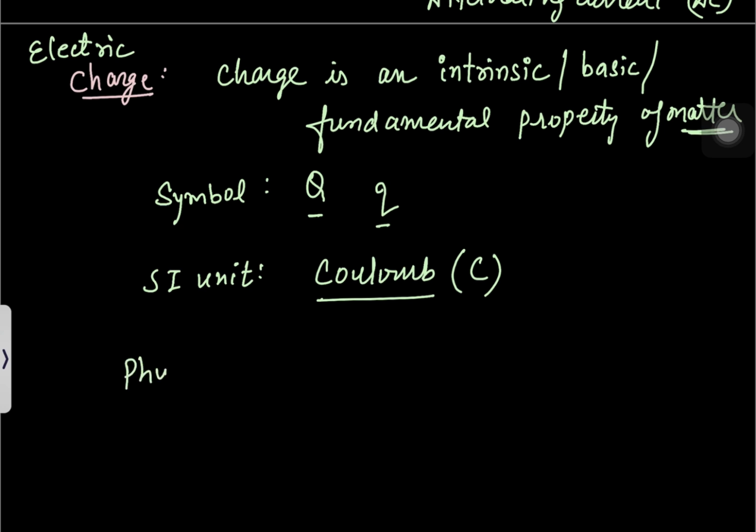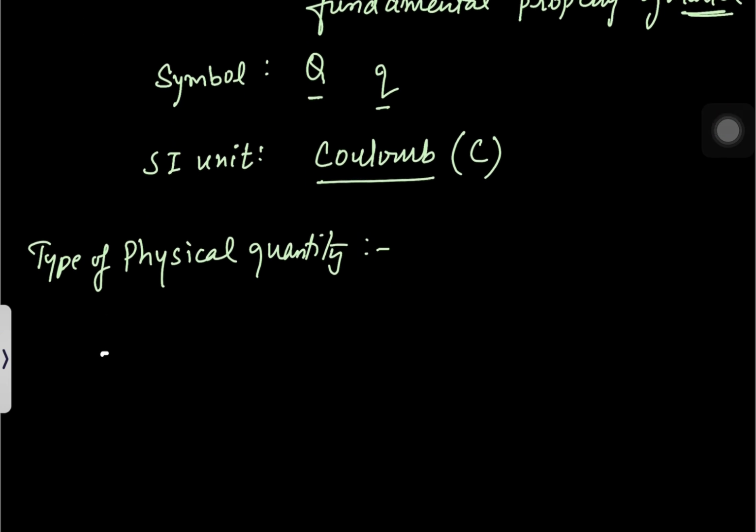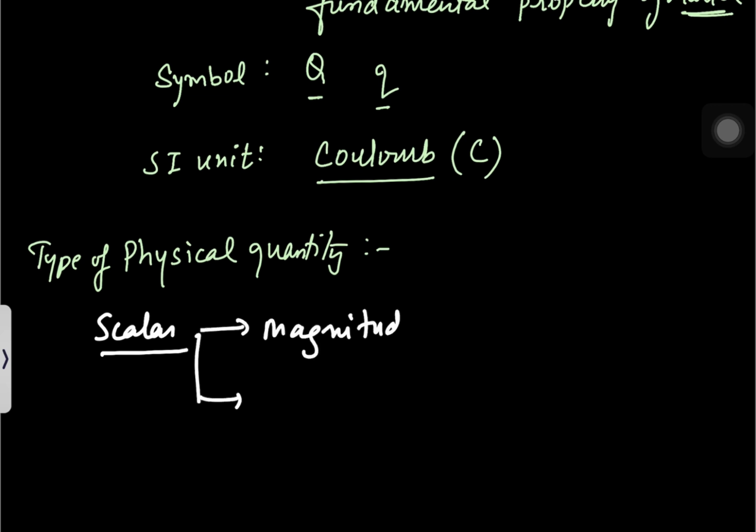What type of a physical quantity it is? As we know that in physics, a physical quantity is divided into two categories. Number one is scalar quantity and second is vector quantity. Scalar quantity covers those physical quantities which have magnitude only but no direction.